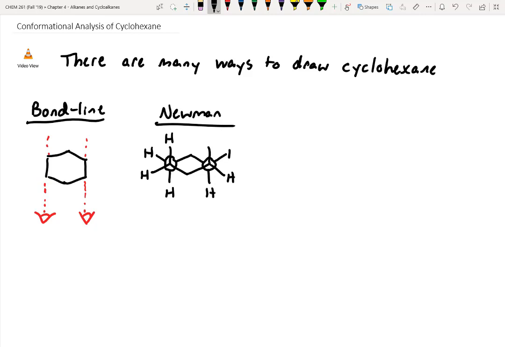So this would essentially be the side-on view looking down cyclohexane. It's a little bit tricky. I'll show you a video in a second that will hopefully clarify this. So that's just looking side-on down 2 of the carbon-carbon bonds that are parallel within cyclohexane.